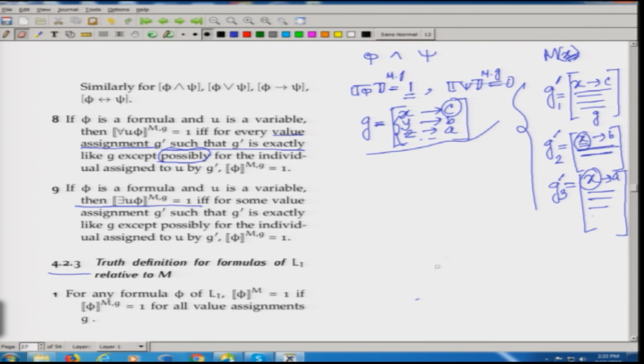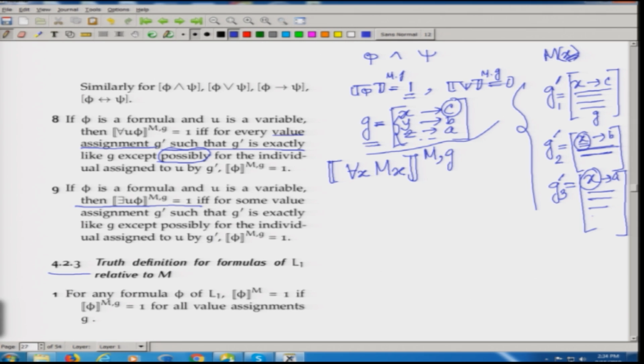If you want to interpret it, you will say that everything is a man in this system. So, what is the sentence? It is all x mx. We compute its truth value with respect to m and g.